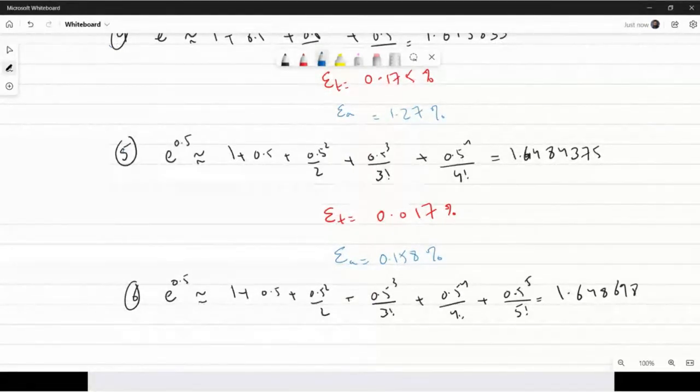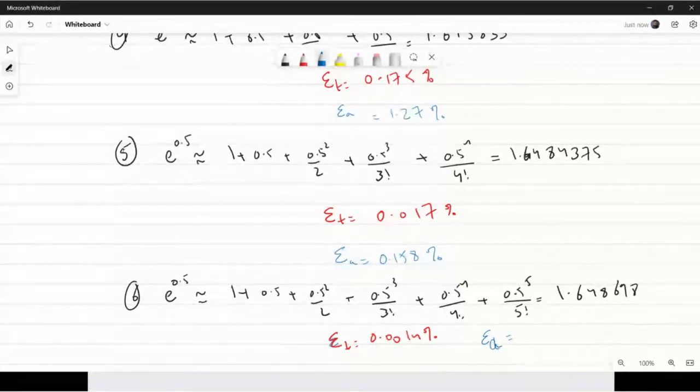And the true error comes out to be 0.0014%. Of course, the true error has gone much below the stopping criteria, but we don't use that. We use the approximate error.